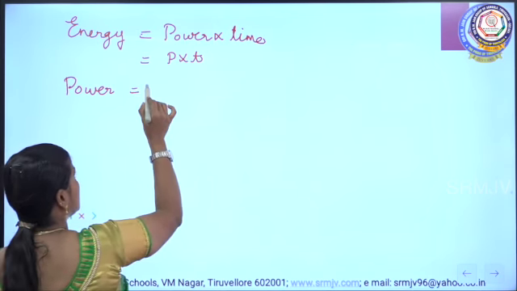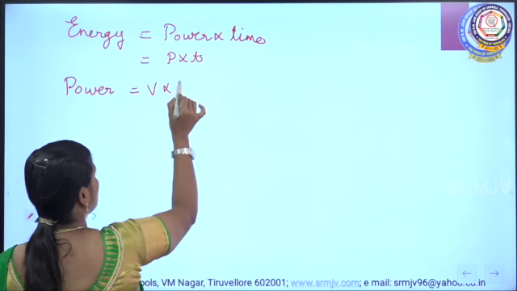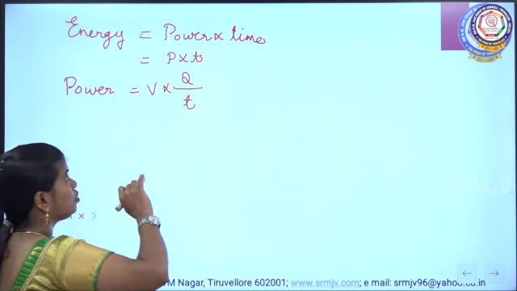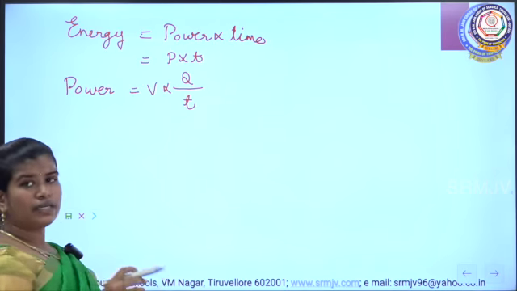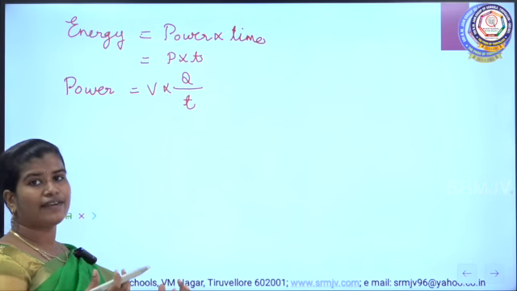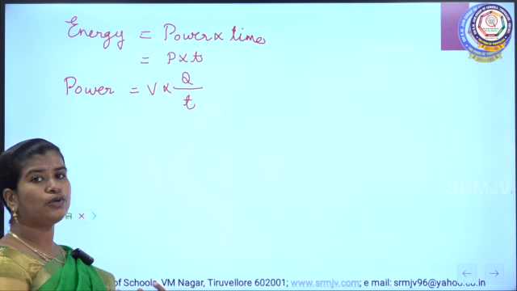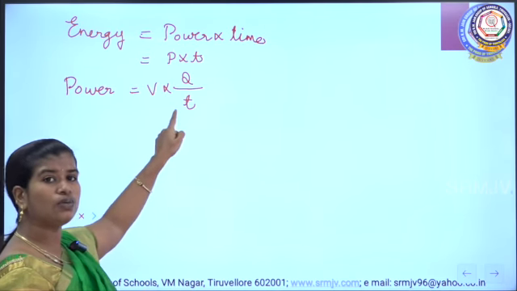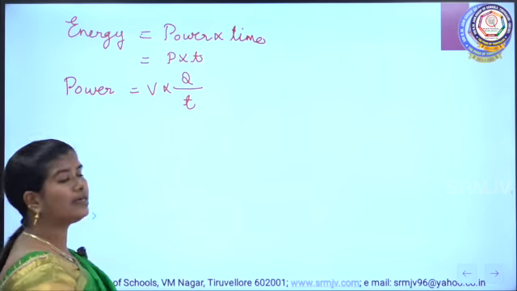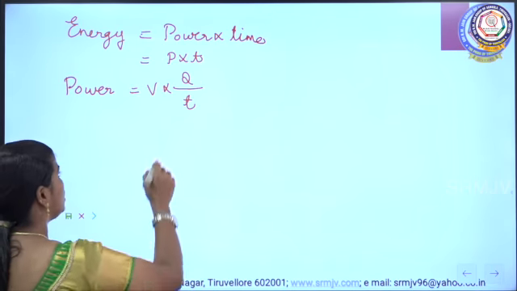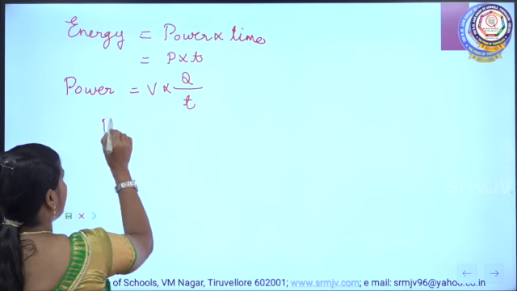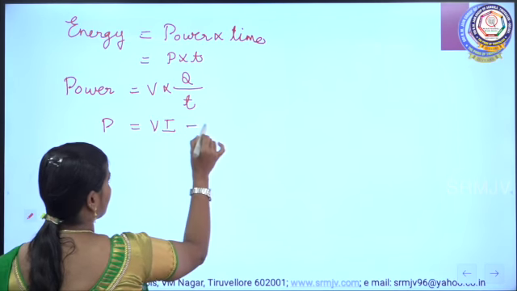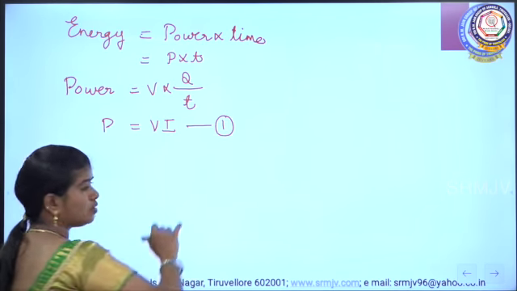Power is V into Q by T. So, a source of energy will produce an input of power at the potential difference of V into the charge flowing through it in a unit time. So, this can be written as power is equal to V into I. This is our first equation.